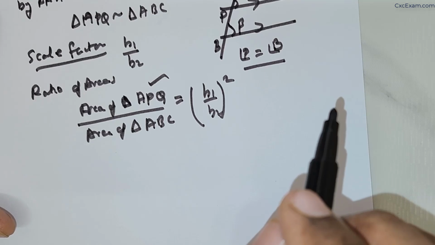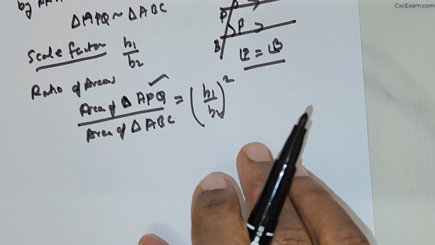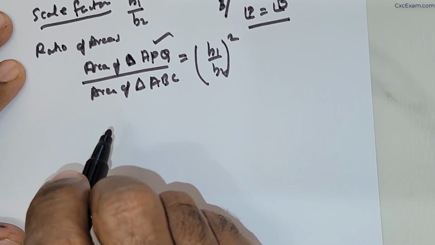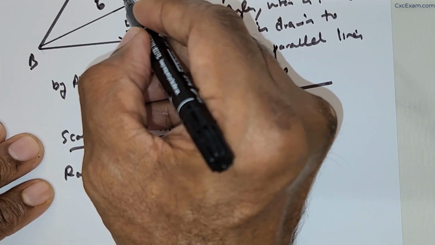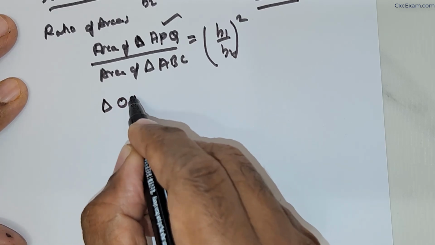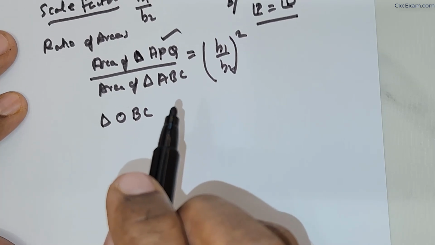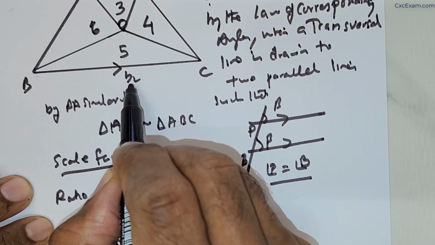Okay, so having mentioned this information, let us consider triangle OBC. Why do I consider triangle OBC? Because of the fact I have B2 here.